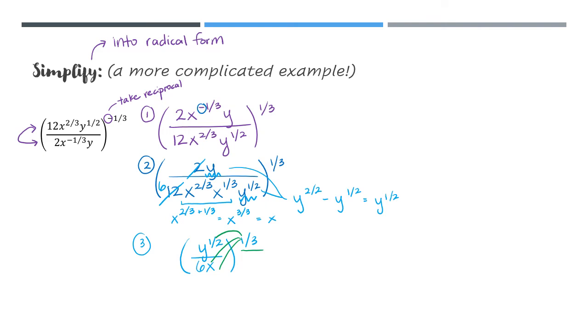So let's rewrite that for now. I have y to the 1/2 to the 1/3. That means those exponents are being multiplied together. I have 6 to the 1/3 power, and I have x to the 1/3 power.